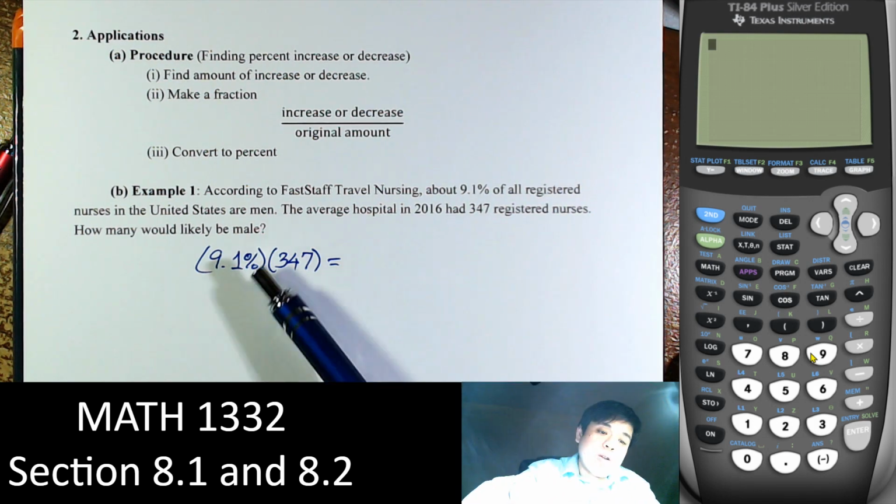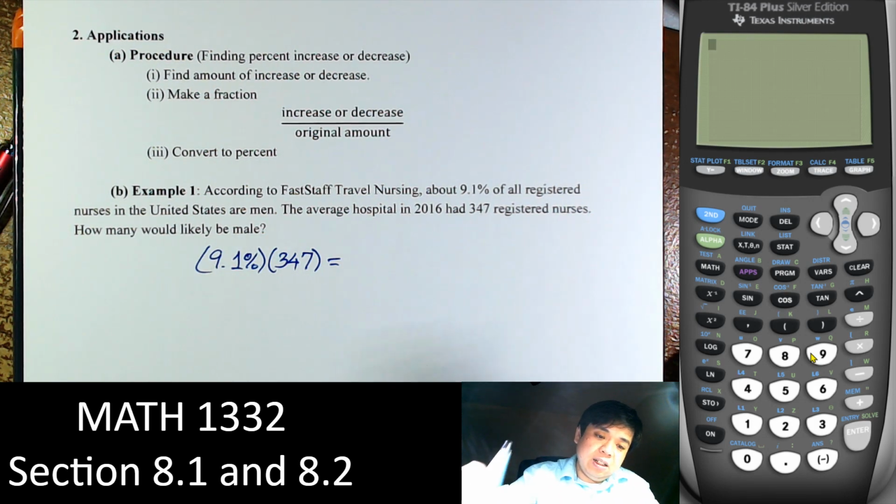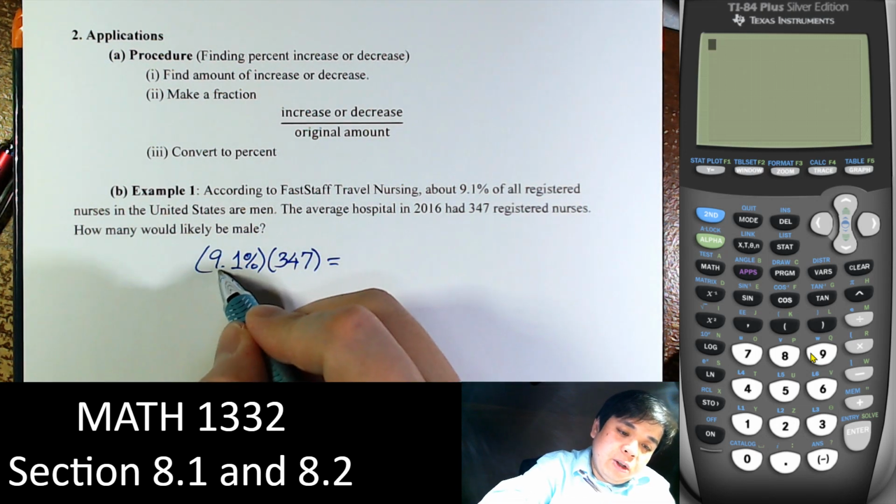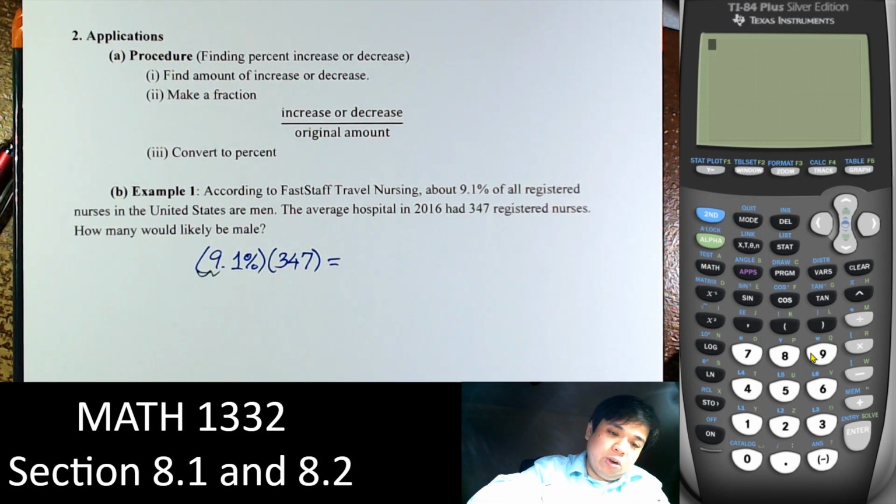So first we convert this to a decimal. So move two places, so that's 0.091.